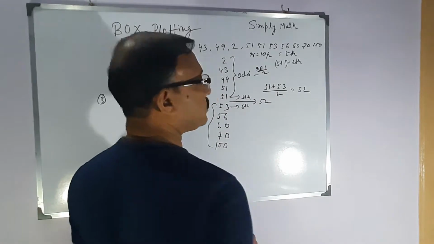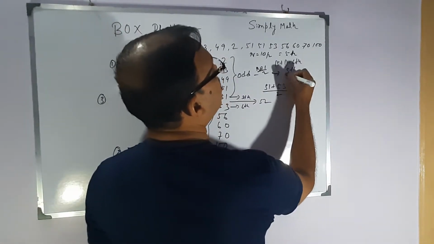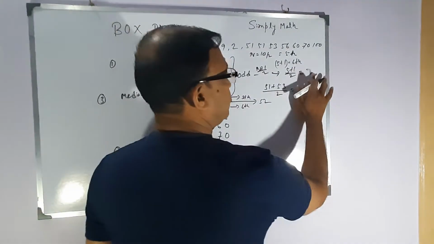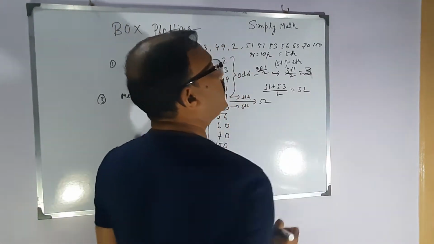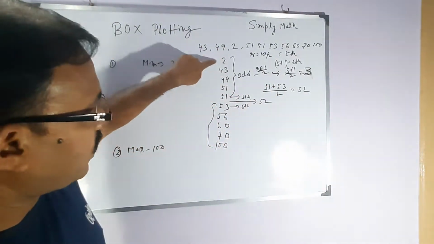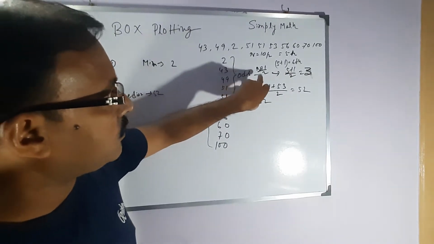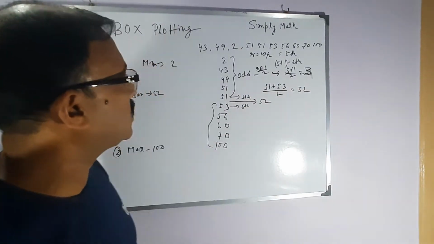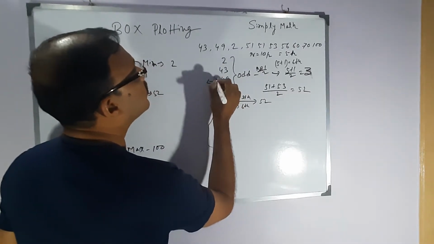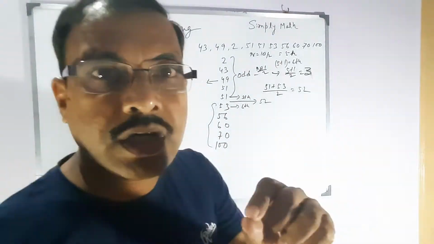So its value will be 5 plus 1 by 2, that is 3. That is the third position value. The third position value is 1, 2, 3, so it is 49, right?